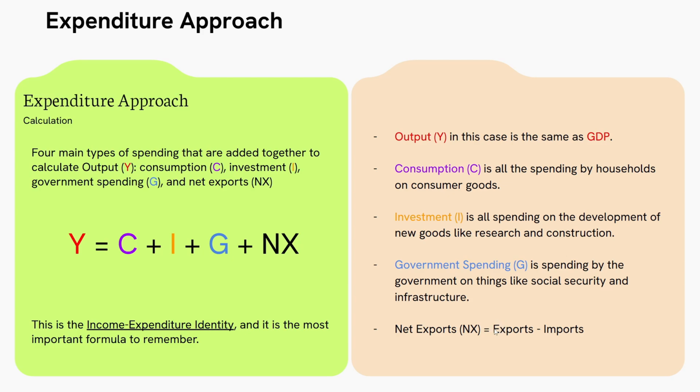And exports is money entering the economy because we're selling goods to other countries, and imports is money leaving the economy because we're buying goods from other countries. And so you can just logically think about this and see that all of these variables are ways of money entering the economy and moving around the economy, because all of them require money to be spent.